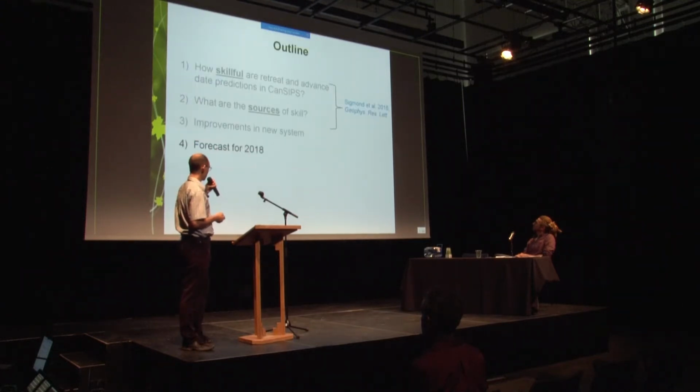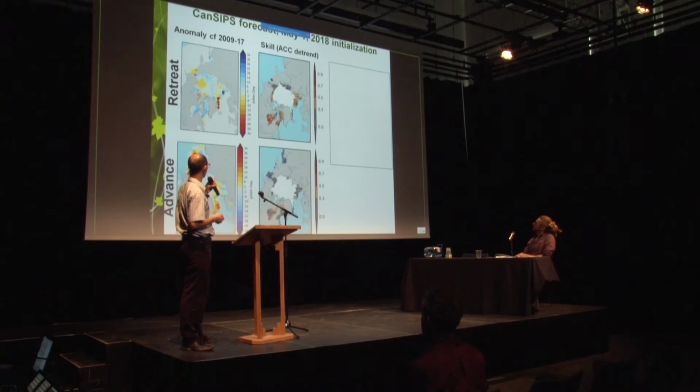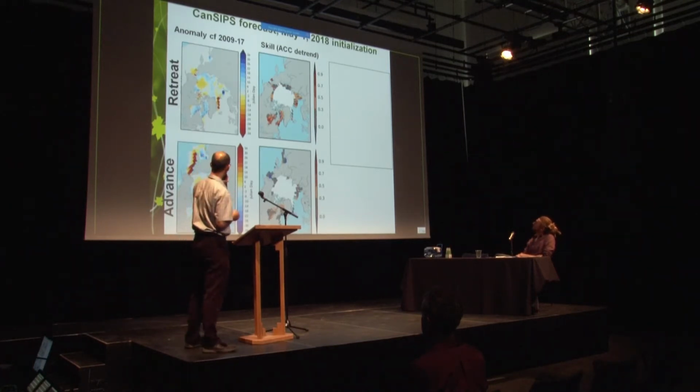Okay, our forecast for 2018. These are all defined in terms of anomalies relative to this 2009 to 2017 climatology. It's for the retreat and advance stages, focusing on our contribution to the consensus forecast.